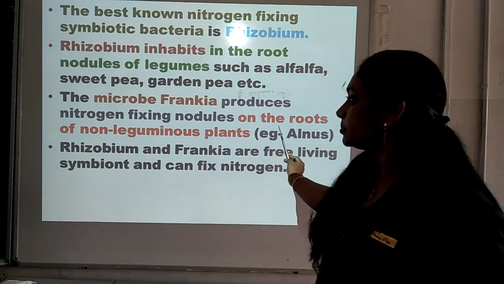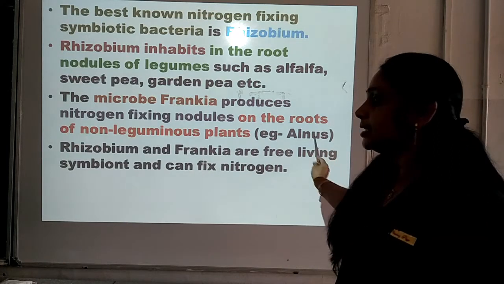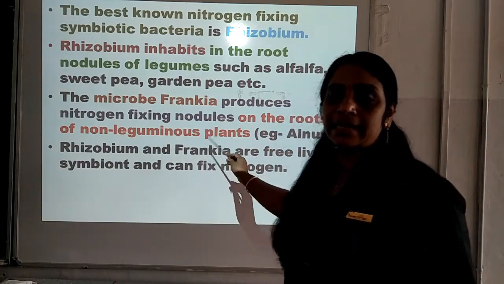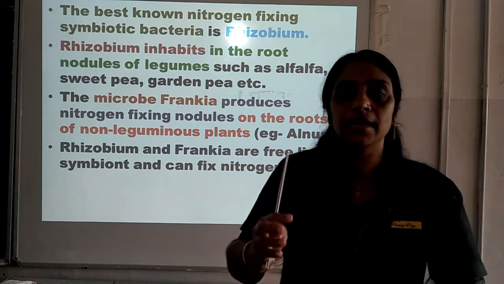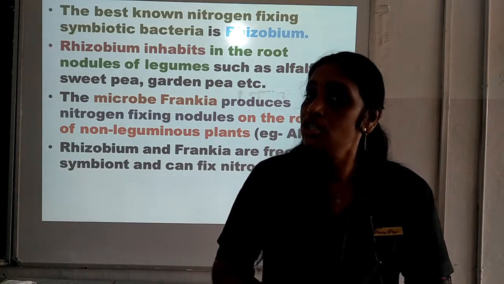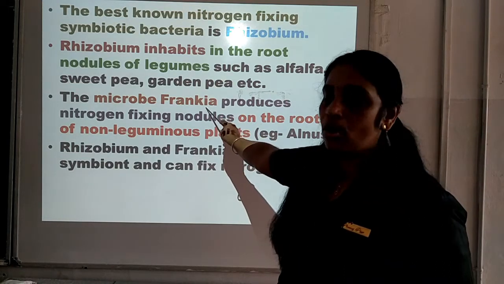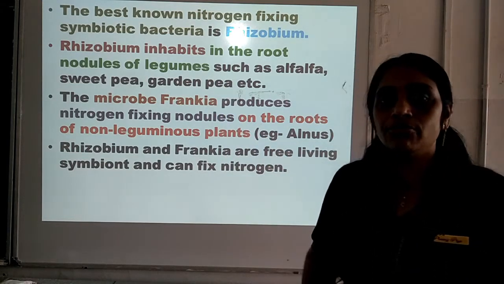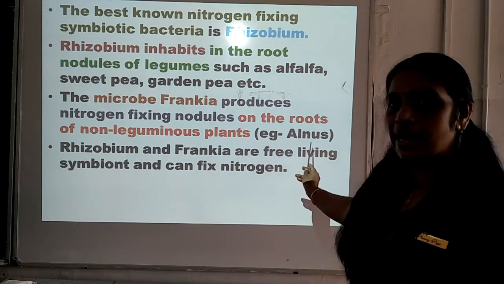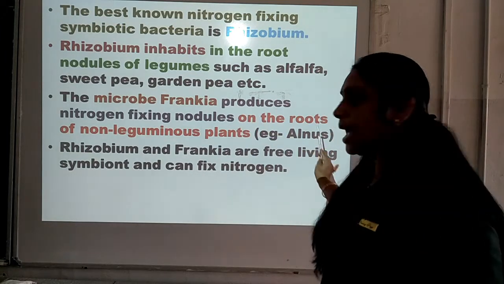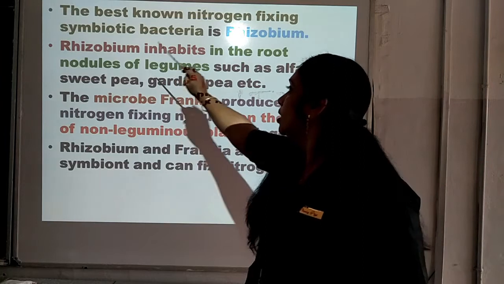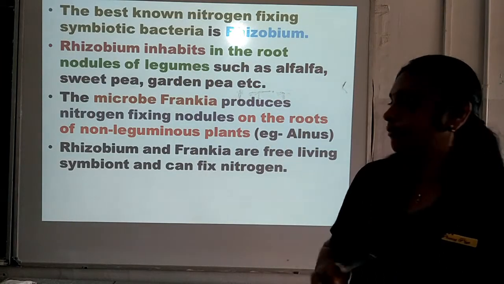But Alnus is a non-leguminous plant. That means these are plants where leghemoglobin pigment is not present in them. Still Frankia, the microorganism, is helping for fixing nitrogen in such plants. So Frankia is to Alnus, Rhizobium is to alfalfa.